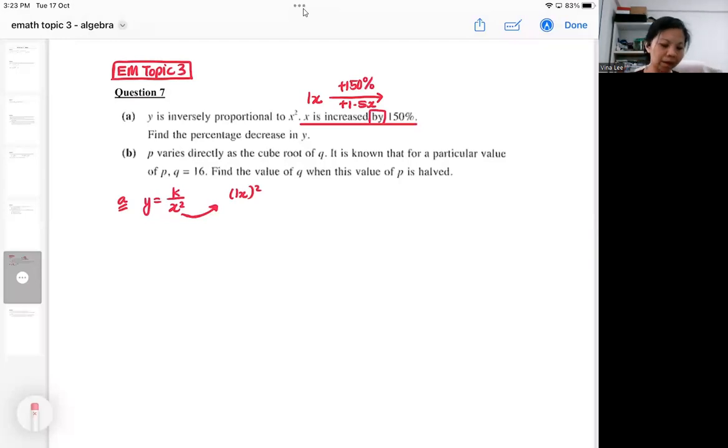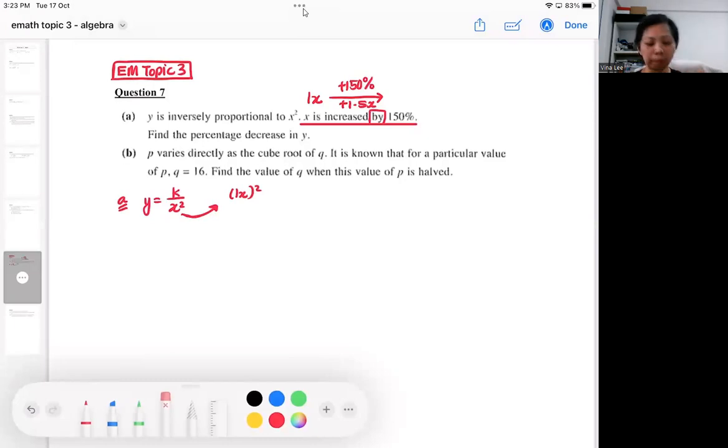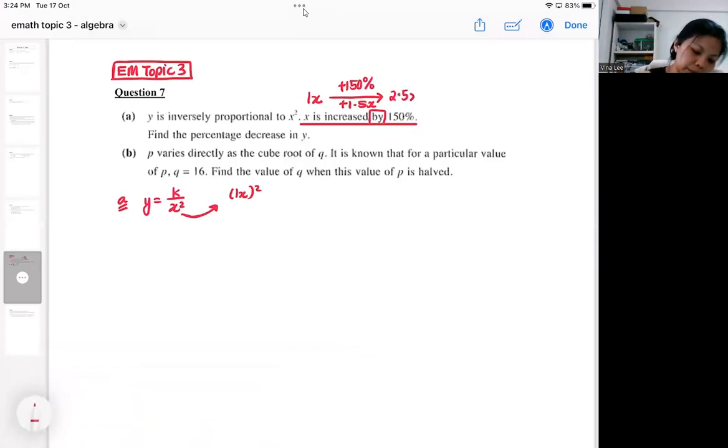So right now, there is this difference in the word "increase by". So it will be a 2.5x. So the idea is when x is increased, x becomes 2.5x. Originally you were squaring 1x, so your original 1x squared will become 2.5x squared.